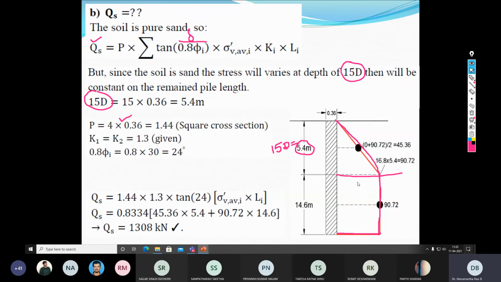So you take the area up to 5.4, or up to a depth of 15 times D. What is the sigma v dash? Sigma v dash is density multiplied by depth. Density is 16.8 multiplied by depth 5.4. So what you get is 90.72.